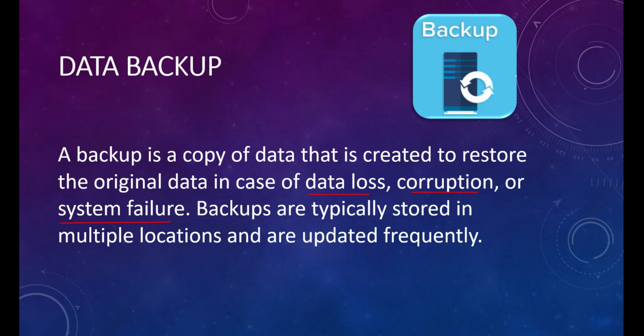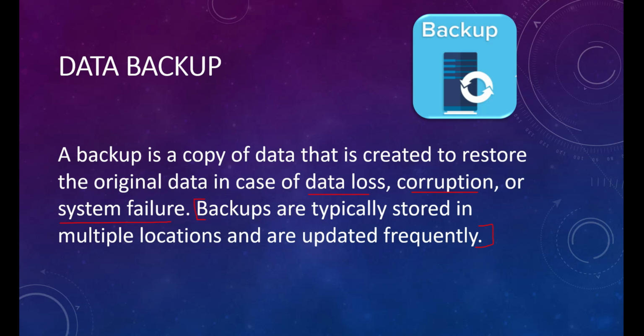So in that case, we want to keep an exact copy of the data, a backup in multiple locations, and updated frequently. How do we take the backup and what is the process?